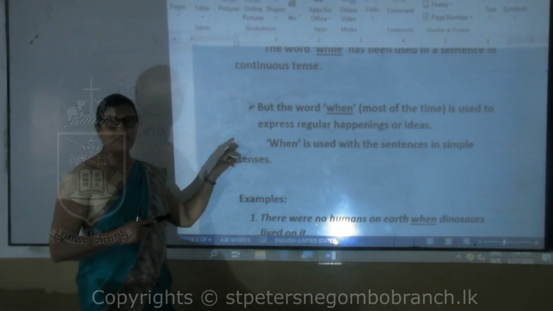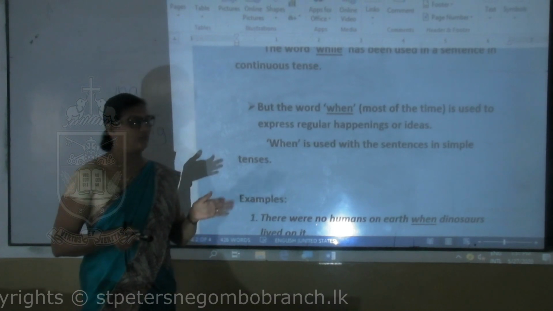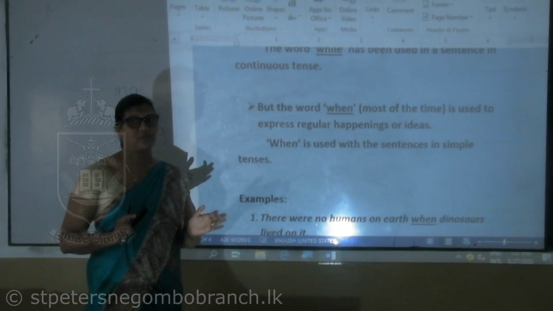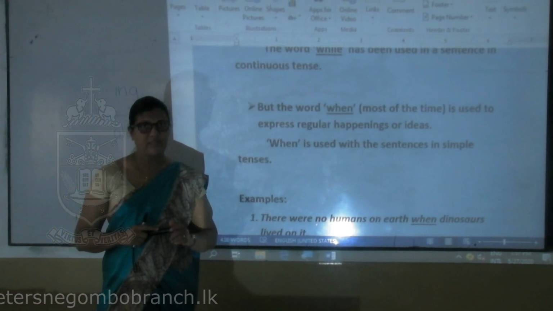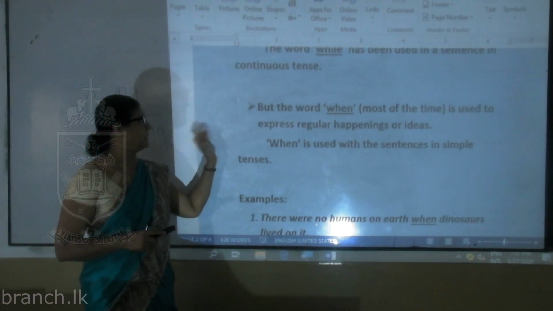Can you remember continuous tenses? You get be verbs and the ing form. So when you see a be verb and ing form together, you know that it is a continuous tense. So better you use while for that.